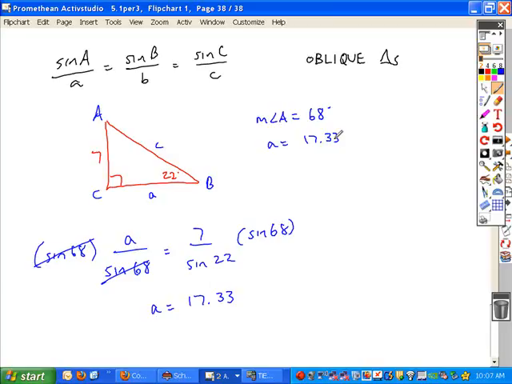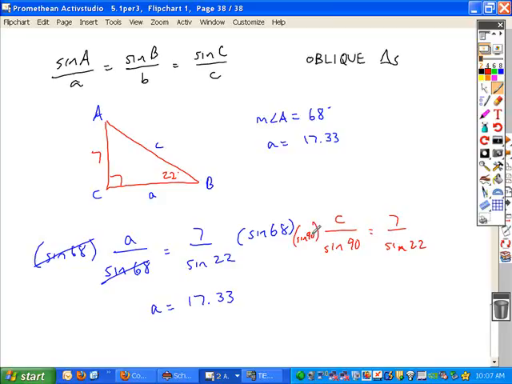And then let's say we use the law of sines to find side C as well. Okay, so if we take our unknown C over the sine of the angle opposite it, which is an angle of 90, set that equal to the same thing, 7 over the sine of 22. Okay, if you do this, what do you get when you take the sine of 90 degrees? Anybody have a calculator out?